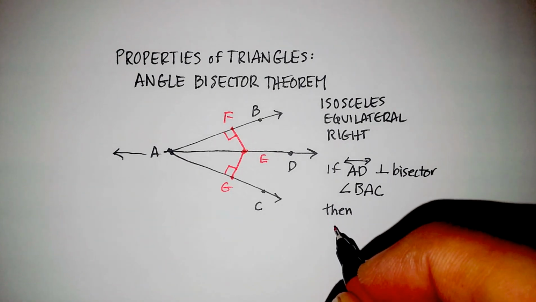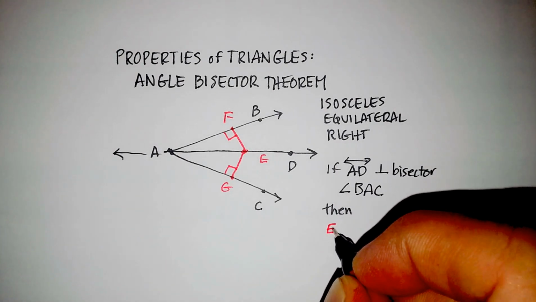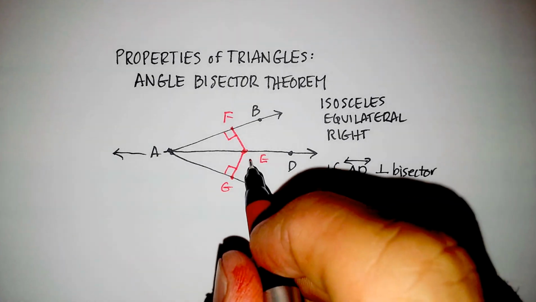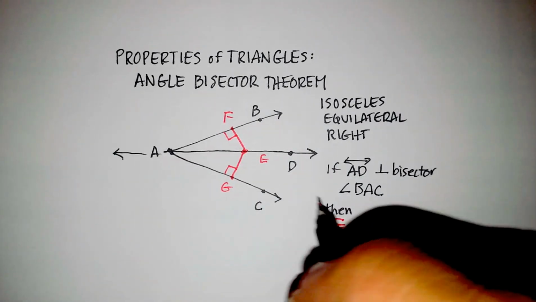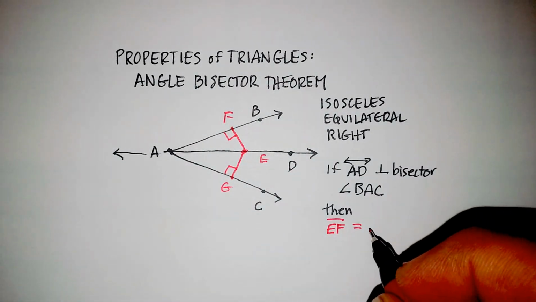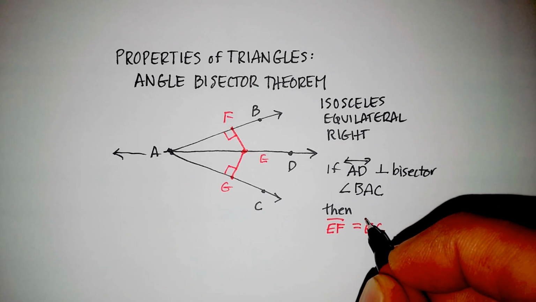So then line segment EF would be equal to line segment EG, right?